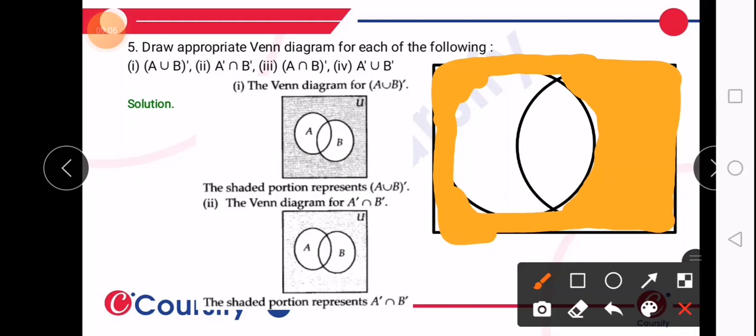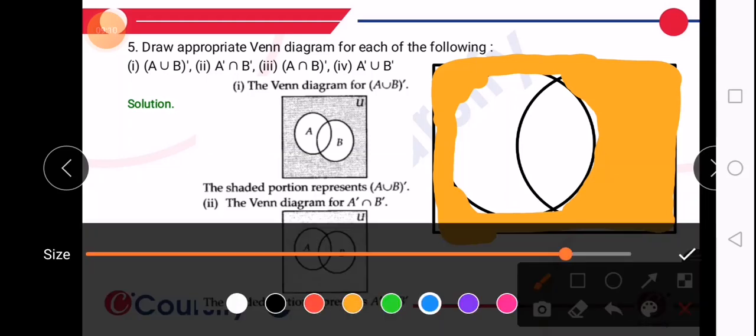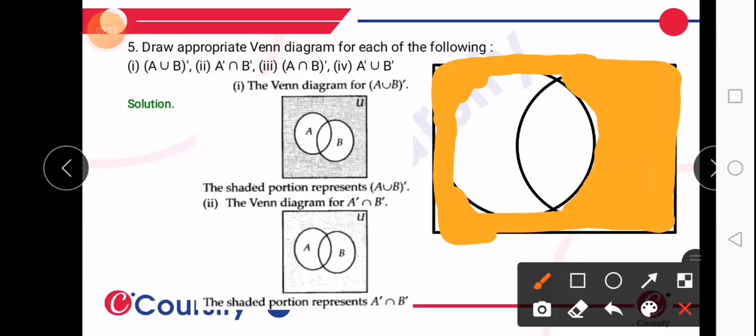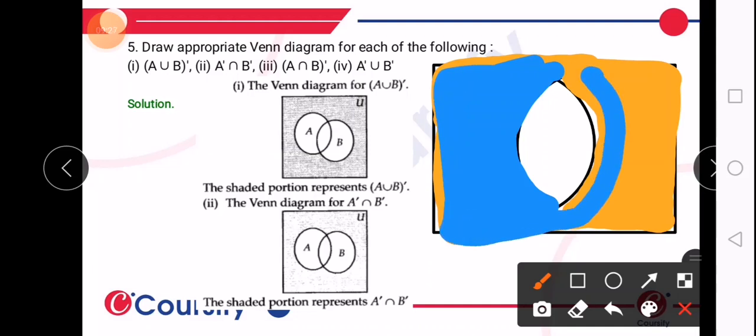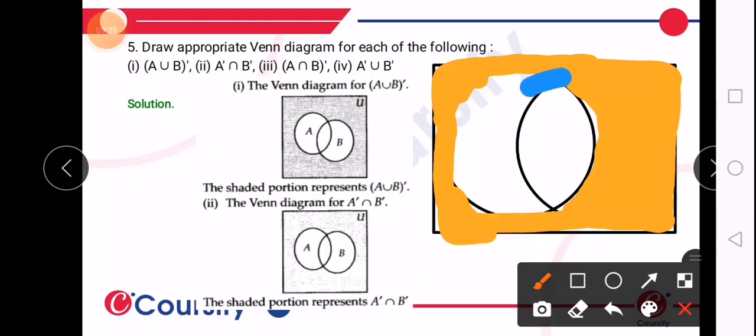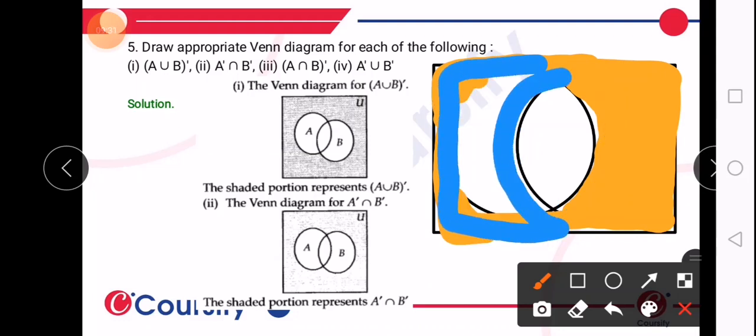And what is B complement? We'll mark B with the blue color. B complement is anything except B. So B will cover this portion. Well, in fact, B will cover a whole of this portion, but the portion that is not covered will be used. It won't go there, because B is present over there.